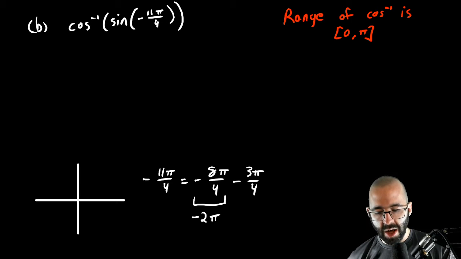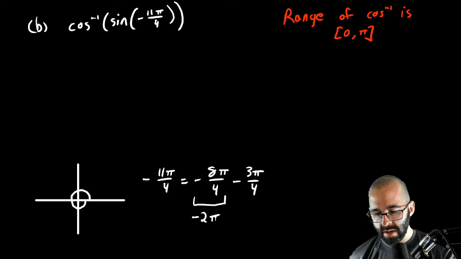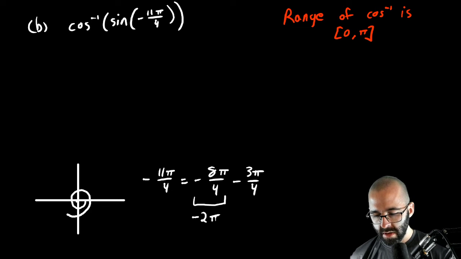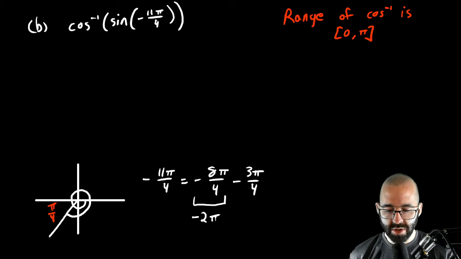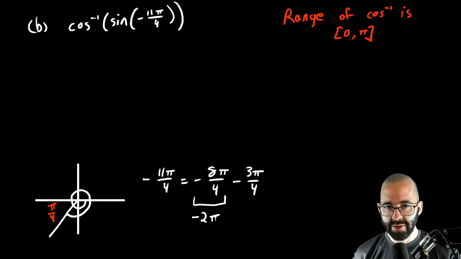This is going to be going down 2 pi and then another 3 pi over 4, which is right here, a reference angle pi over 4 in the third quadrant. That should be negative 11 pi over 4.